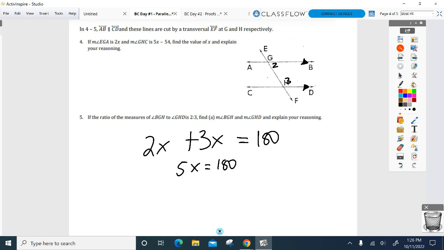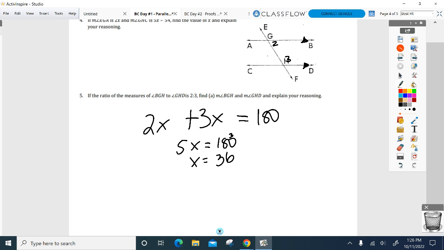X equals, let's see, 5 goes into 18 3 times with 3 left over, so that's 6. 36 for x. And is x what I'm looking for? Now for my final answer, it'll help me get to what I need, which is the measure of angle BGH and the measure of angle GHD.